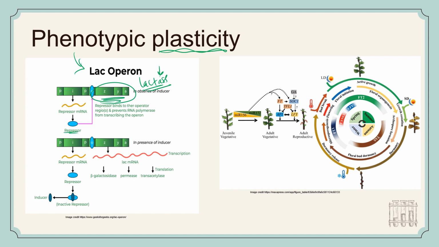This repressor is like, nope, don't do it. But when there is lactose present in the environment, then we take that repressor off and we do make all of those genes, and then you have the lactase to break down the lactose. So we can turn on and turn off genes. We can have the phenotype or don't have the phenotype depending on the environment.